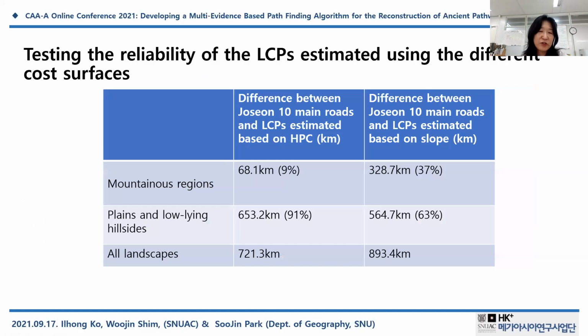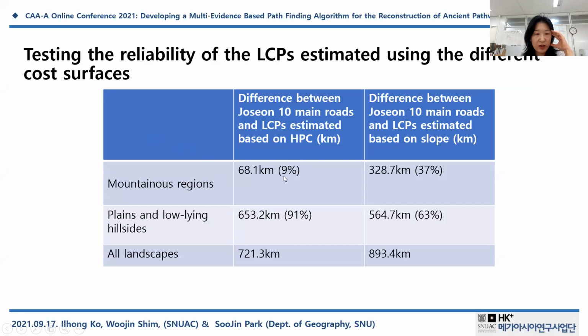Now, if you compare this, what's really interesting is that in terms of the mountainous regions, the routes that were modeled using our new type of cost surface showed a very high degree of similarity.